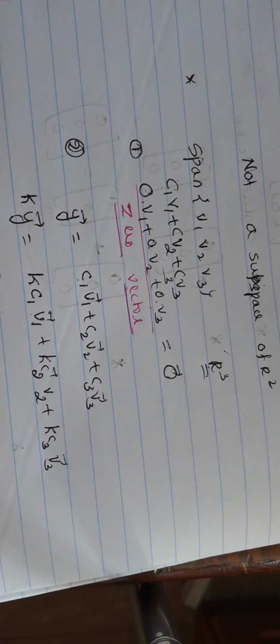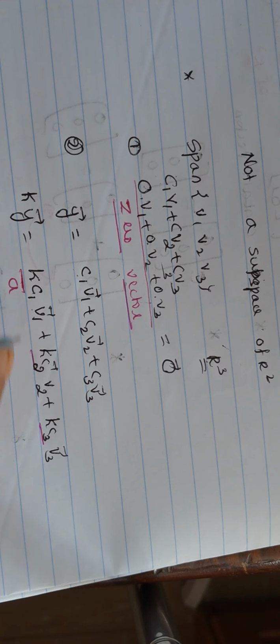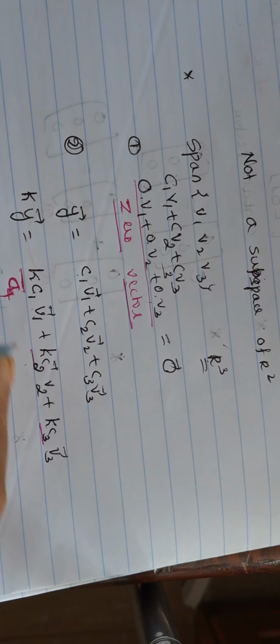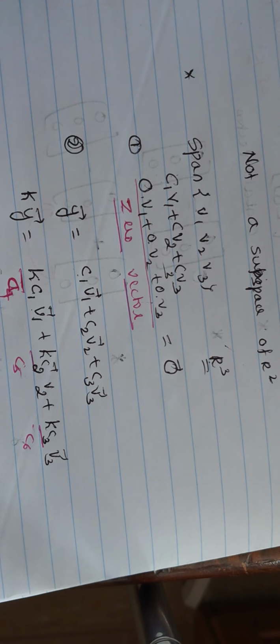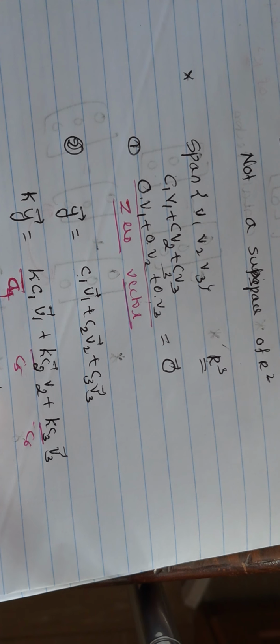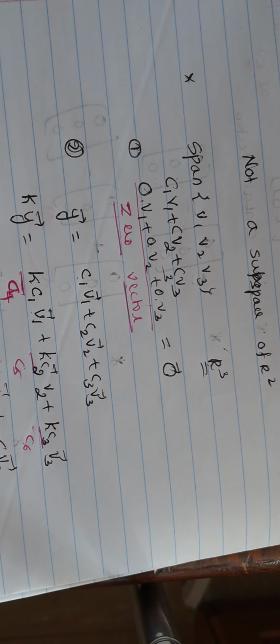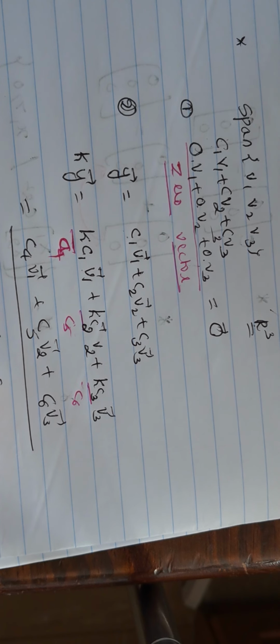If you observe carefully, these products are scalars, so we can take them as new scalars c4, c5, and c6. We get c4 times v1, c5 times v2, and c6 times v3. This is again another linear combination, so it still belongs to the span of the given collection. Therefore, it is closed under scalar multiplication.